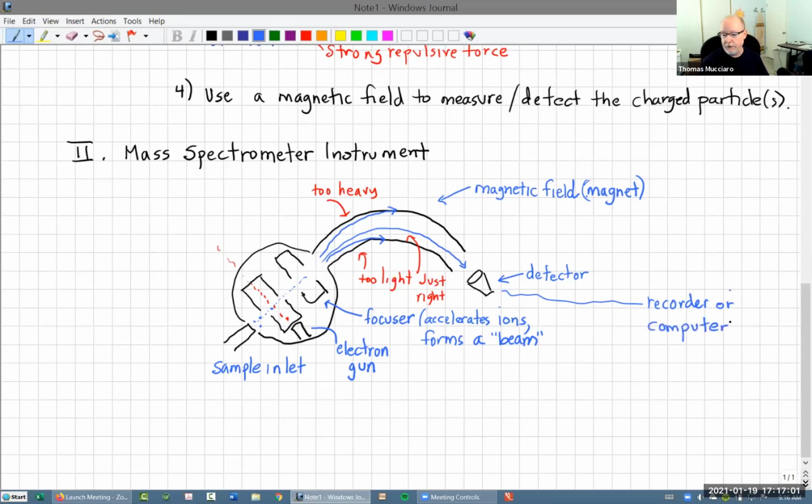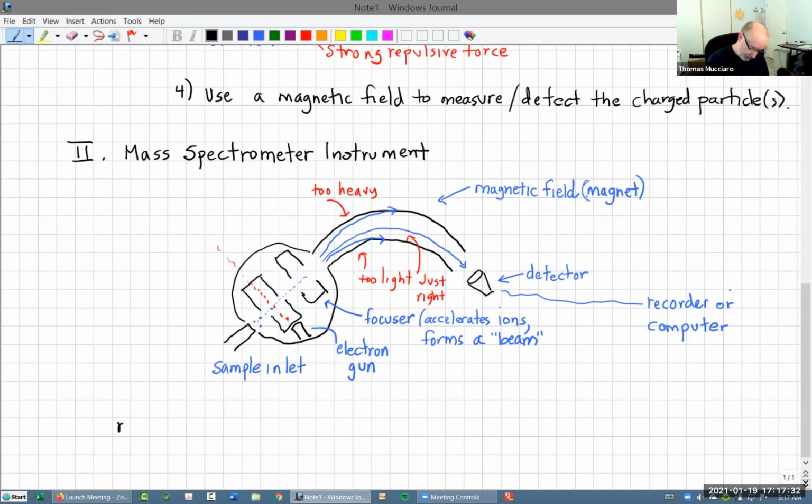We had at my undergraduate school a pretty old mass spectrometer, and it just had like a little paper strip chart recorder that you'd start, and it would turn at a certain rate, and it'd draw a thing, and when it got something, it would make a line, it would make another line. And then we'd have to go and measure with rulers and do calculations and whatever. These days, they pretty much come out on computers, okay?